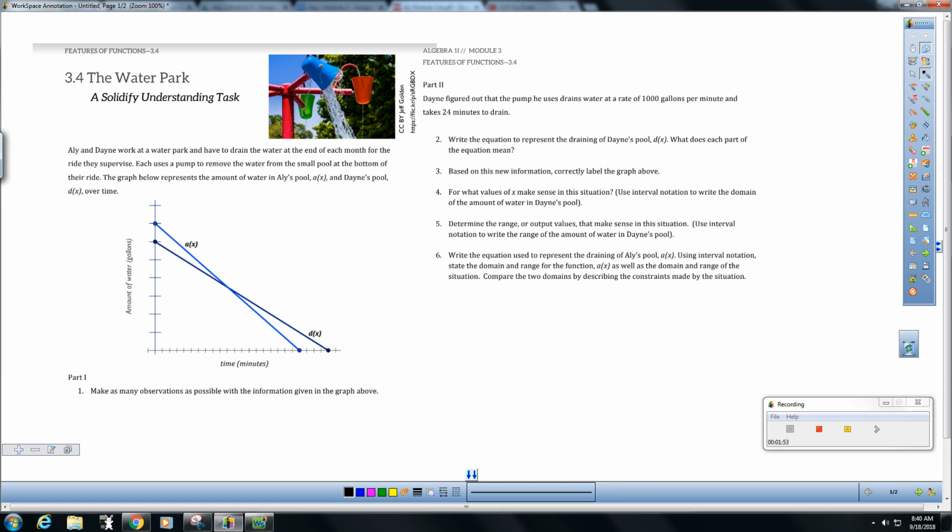Well, let's see. How many gallons did we start out with? If we have 1,000 gallons per minute and 24 minutes to drain. Check out this. This is some of the stuff you've been doing in science. In 1 minute, times 24 minutes, that's going to give us how many gallons we started with.